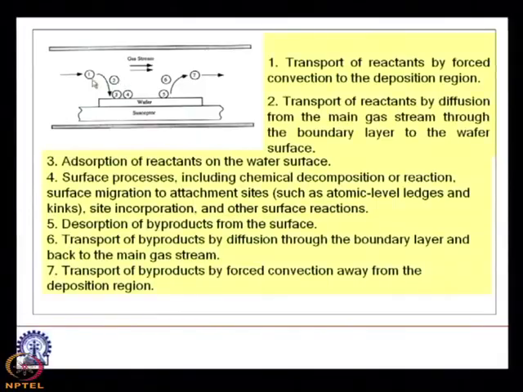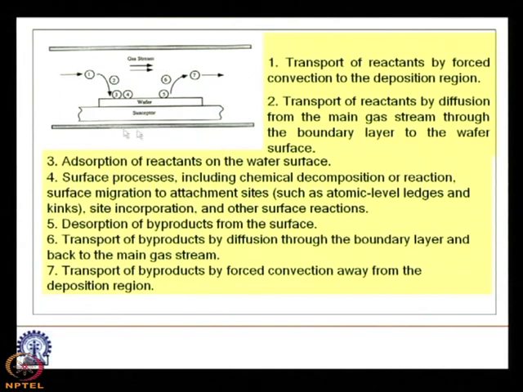Okay. So, here also there will be hydrogen plus silane. So, only some parts of the silane will be diffused onto the surface and many parts of the silane will go away from the reaction chamber to the vent or the waste. And number 7 is the transport of byproducts by forced convection away from the deposition region. Okay.